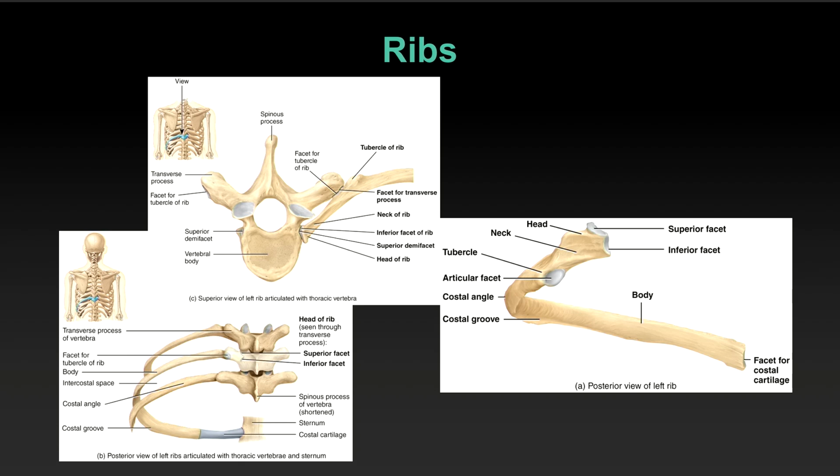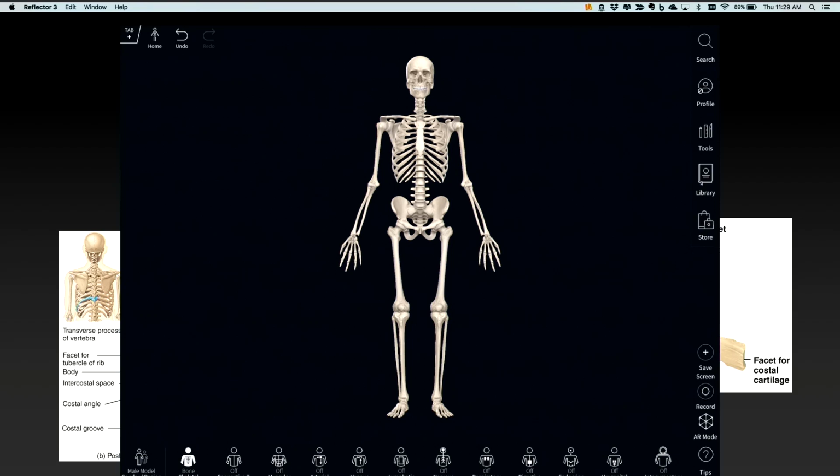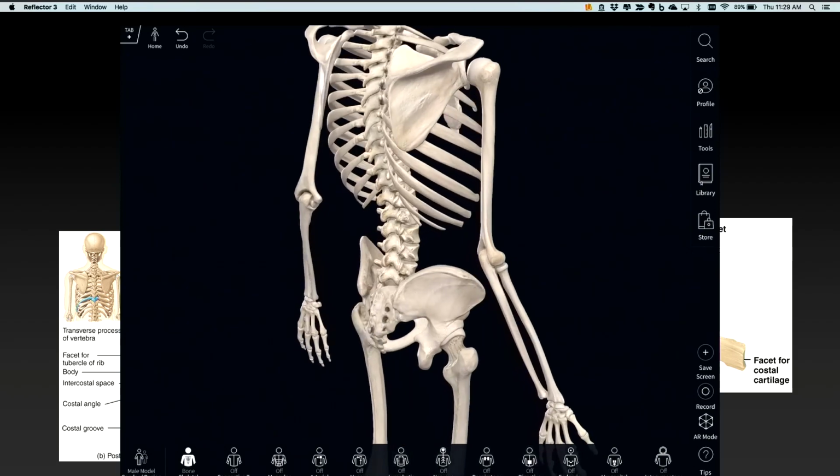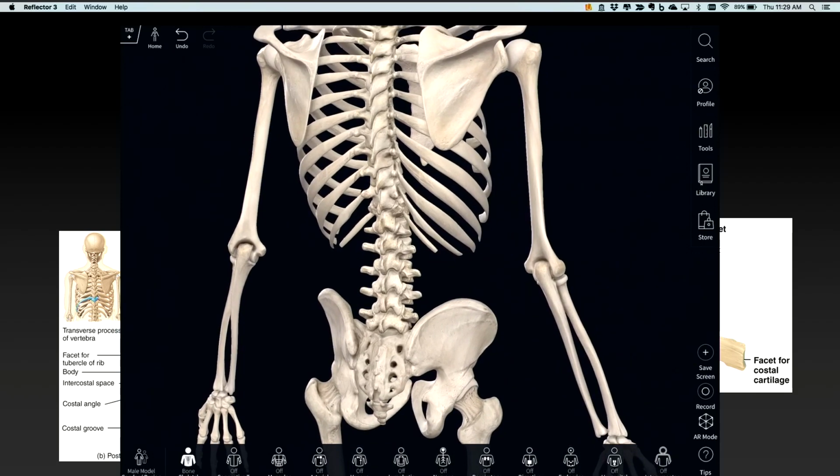And there are also facets on the tuberosities that articulate with the transverse processes. So I just want to show you that in a bit more detail. We can look at the head of the ribs, the neck of the ribs, and the different features, and then we'll look at how they articulate.